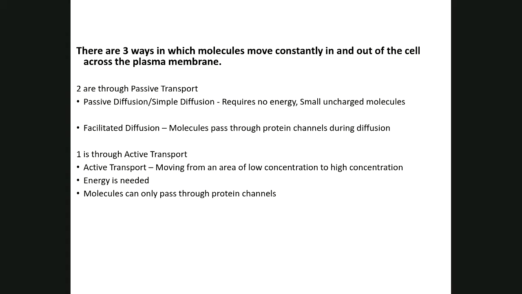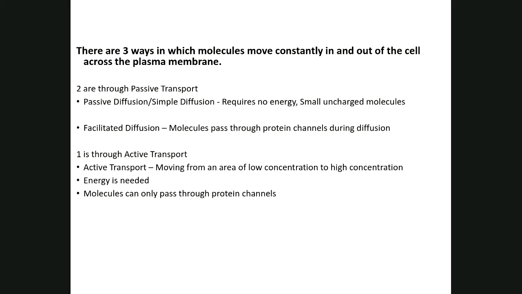Then we have active transport, which requires the input of energy. The only energy that passive transport uses is ambient energy, for example the energy from the temperature of the environment. With active transport, you need to use ATP.